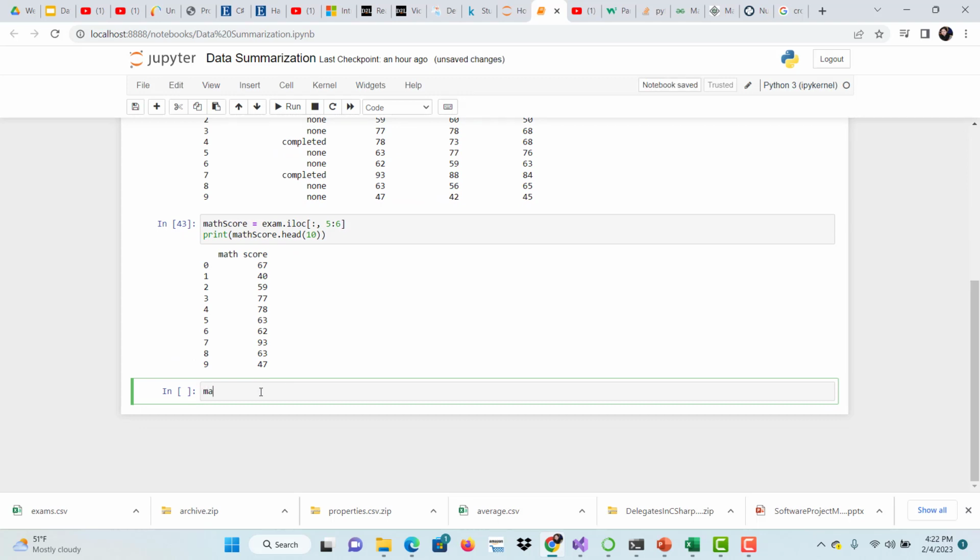Now we can use a function called describe to get to know the median, mean, and mode of this data. I can print this out as well.